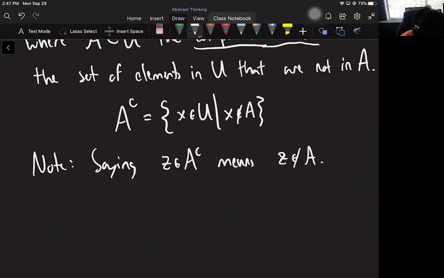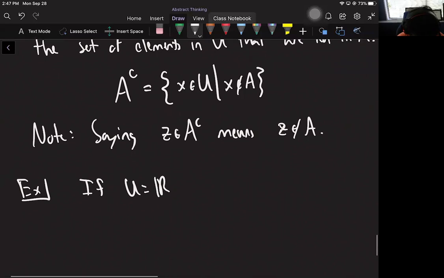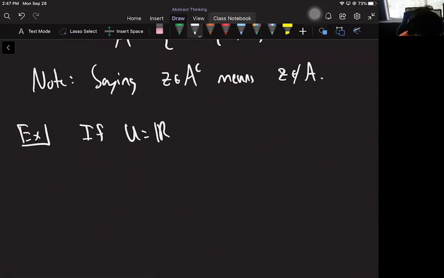Okay, so let's think about some little examples of complements. So you can see why we need a universal set, because you need something to be inside of in the first place. Okay, so let's use the universal set to be R, the real numbers, so just all your favorite numbers.